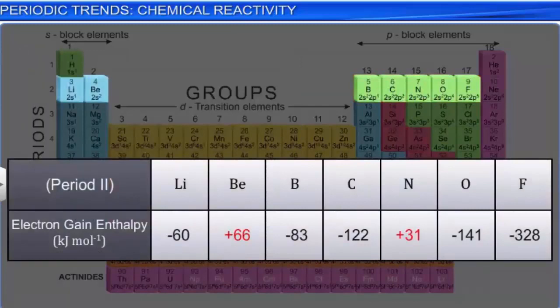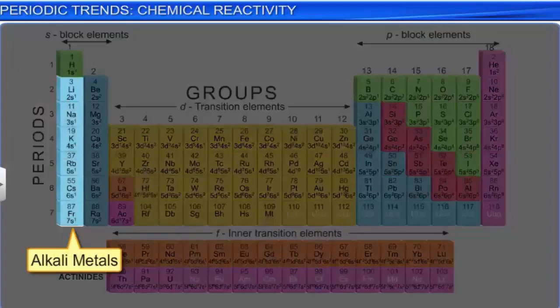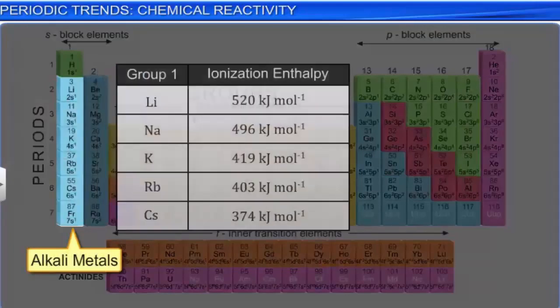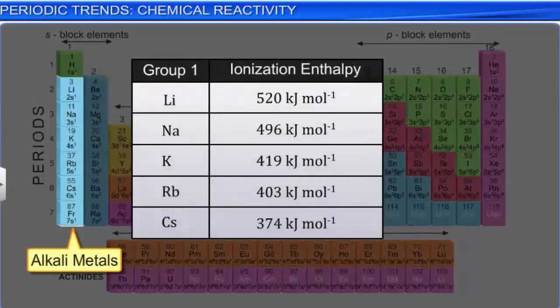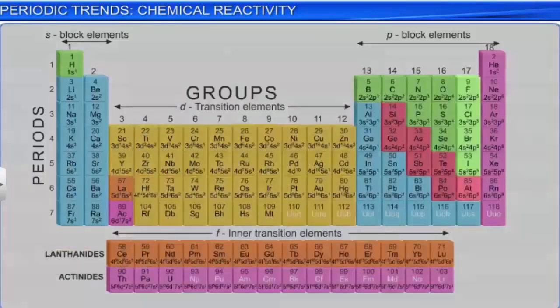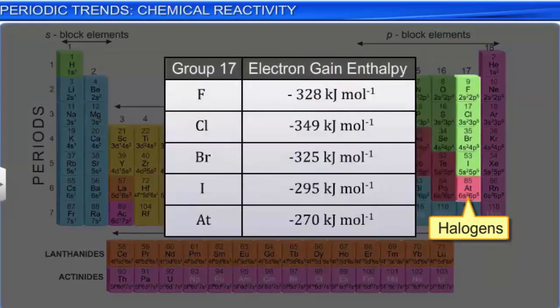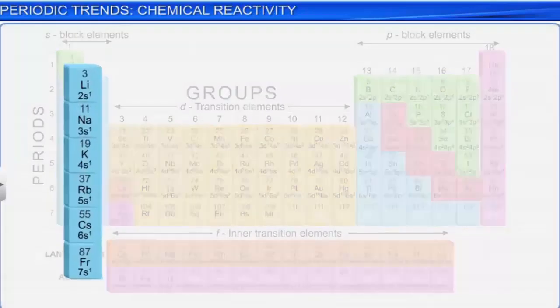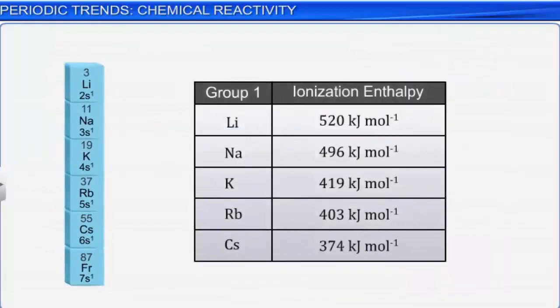In other words, alkali metals of group 1 have the lowest ionization enthalpies, and halogens of group 17 have the most negative electron gain enthalpies. Low ionization enthalpy, as in the case of alkali metals, means that the elements are willing to give away their most loosely bound electrons.